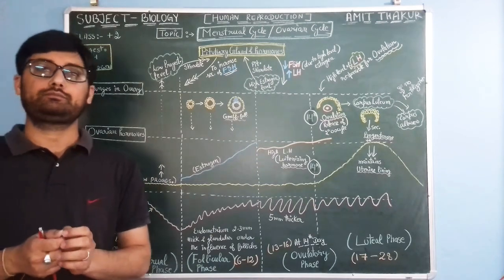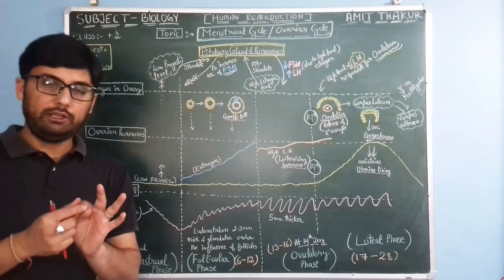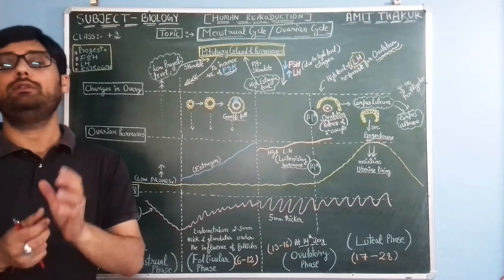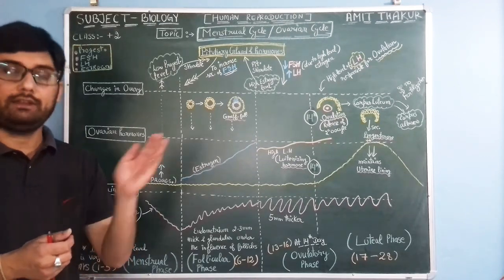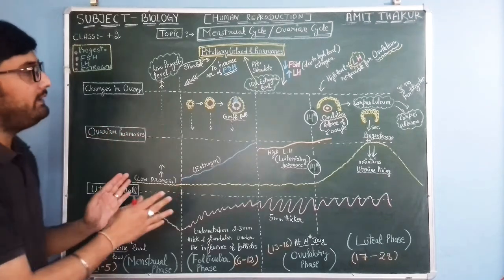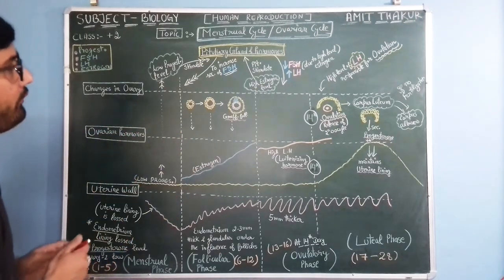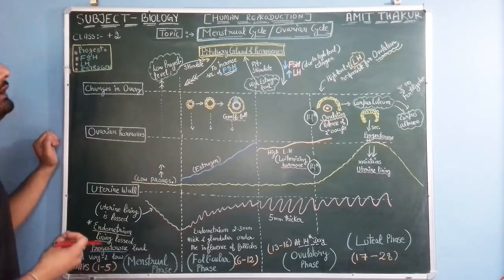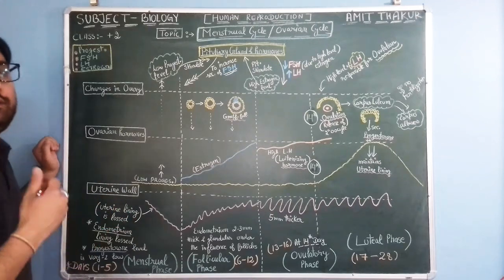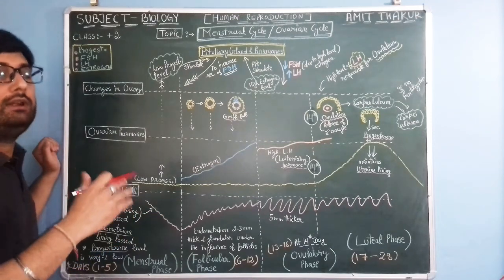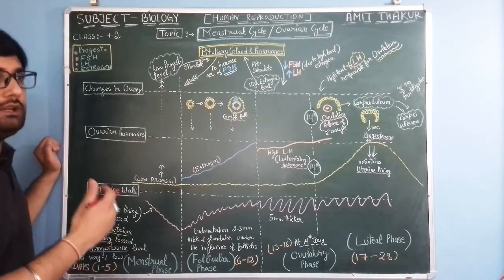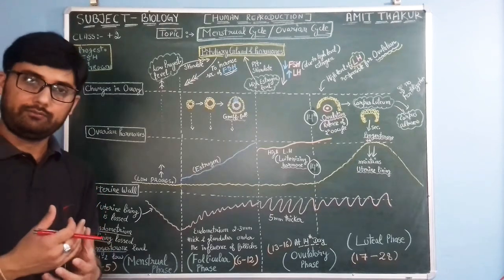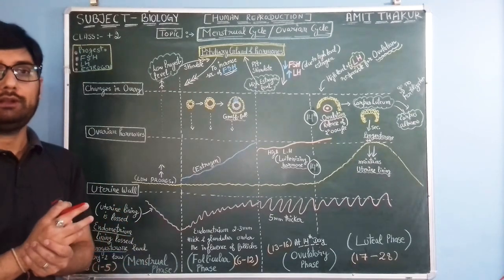The four phases are the menstrual phase, follicular phase, ovulatory phase or ovulation, and luteal phase. So there are four phases in the menstrual cycle. Here is the diagram of the menstrual cycle, and here we will discuss the changes in the ovary, the secretion of hormones and their level before, during and after ovulation, and what changes occur in the uterine wall in the female reproductive system.